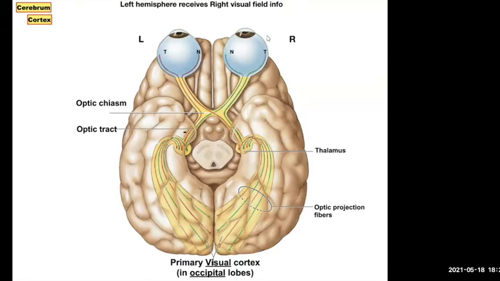You have a left eye and a right eye, but on each eye, you have a temporal region, like here's your ears, and then you have a nasal region on the inside right here. So when visual information is on the right visual field, it's going to come in from this spot and it's going to strike your right nasal region of your retina and your left temporal region of the retina. That's just the way it works.